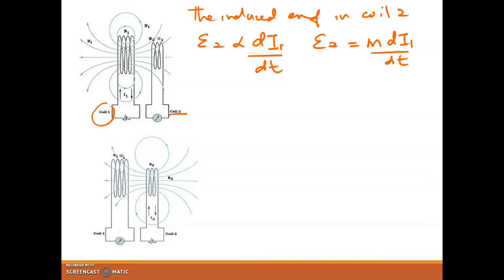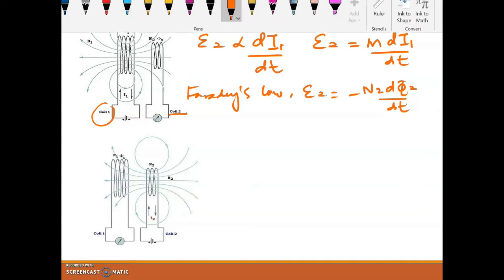So then, according to Faraday's law, we have the EMF induced in coil 2 is equal to N2 dΦ2 over dt. So then we can combine these two equations.